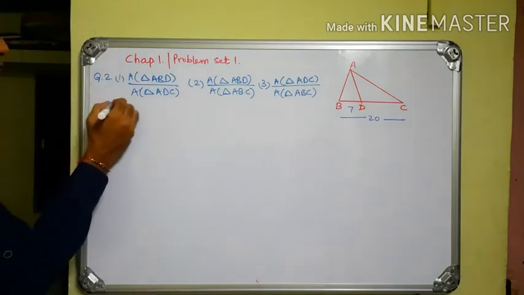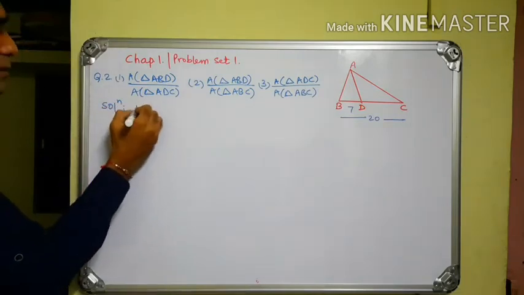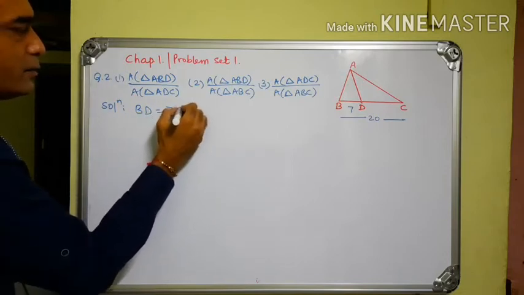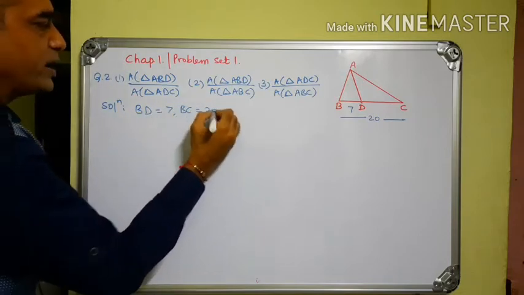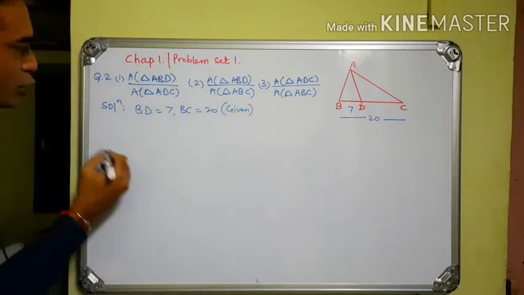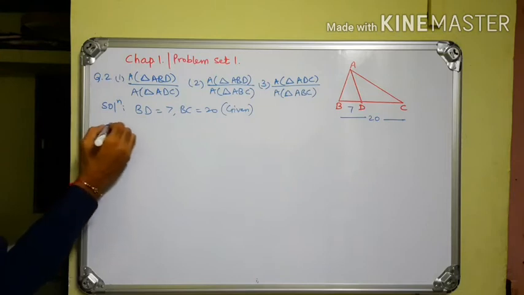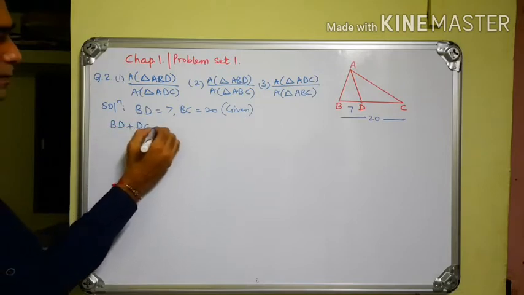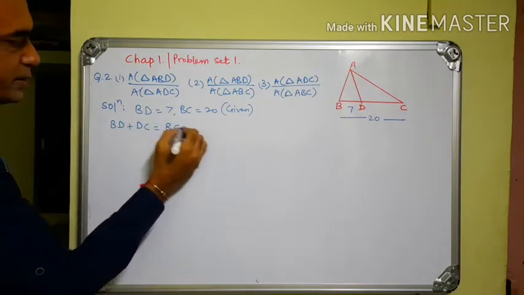Solution: BD equals 7 units and BC equals 20 units. This is given. Now BD plus DC equals BC.